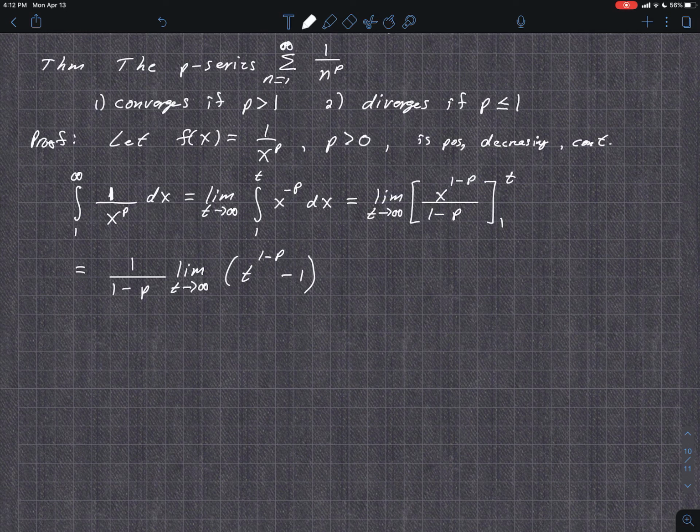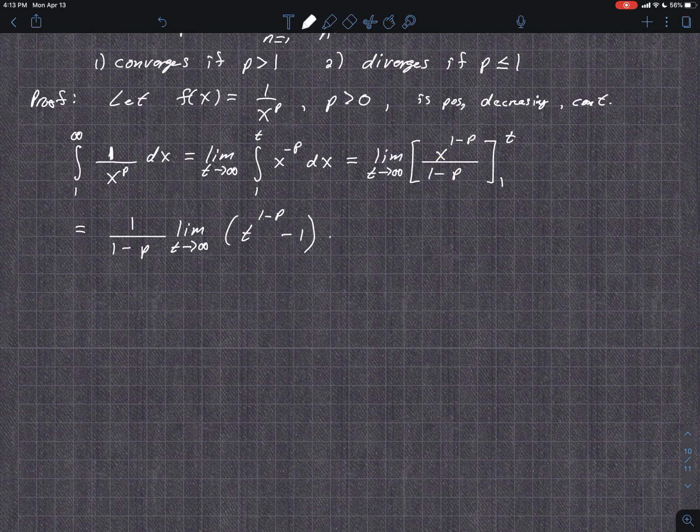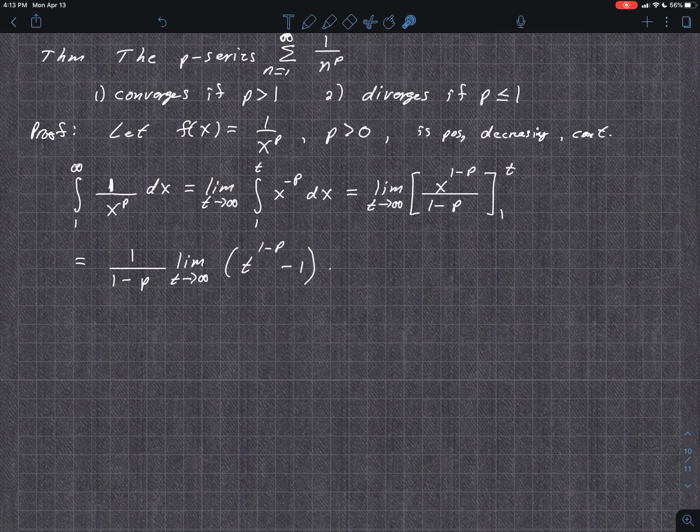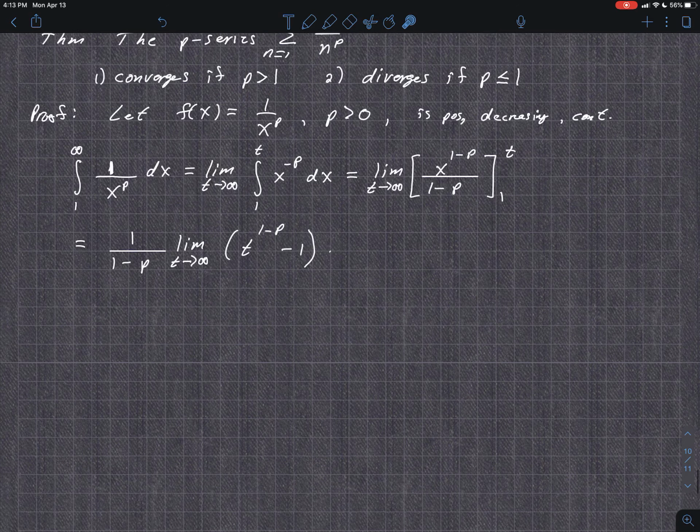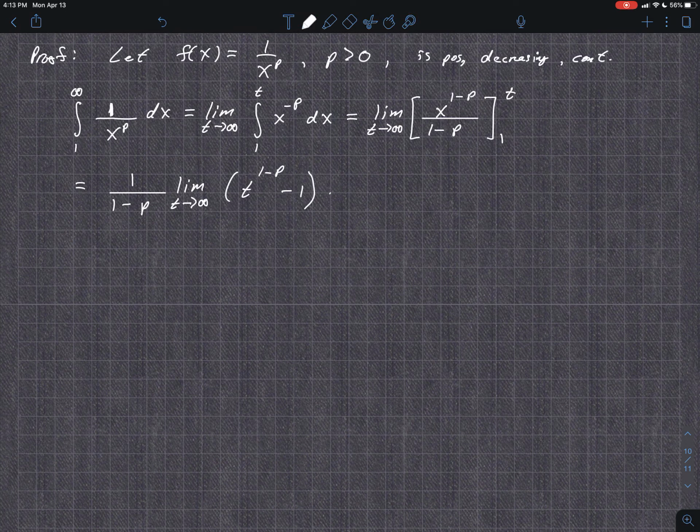So we would need to analyze this now and see what occurs. What happens to the coefficient here, the 1 over 1 minus p? You have a couple of cases. p is greater than 0, so we know that. What happens if p is less than 1 versus p greater than 1? All right, so let's take a look at those cases.